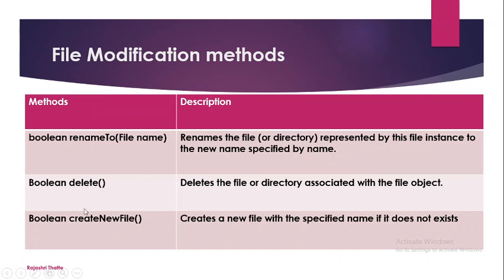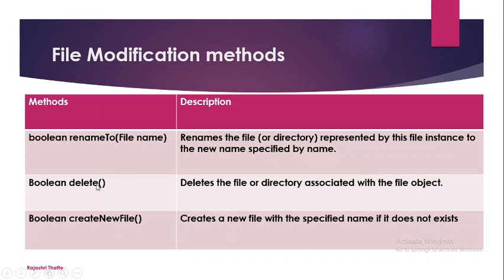All these three methods are instance methods. If I use f2.renameTo with some new file name, it will rename my abc.txt to that name. So the renameTo method is used to rename your file or your directory.